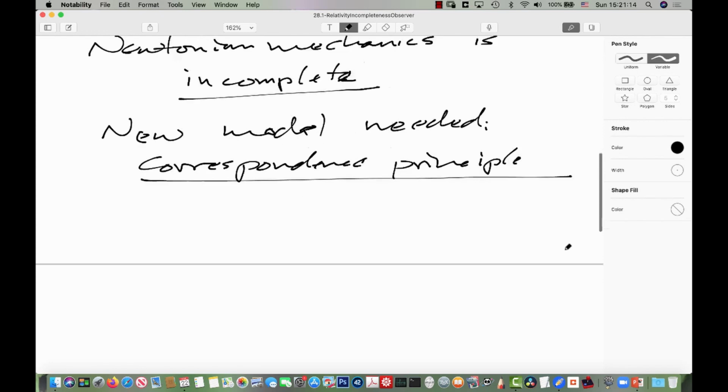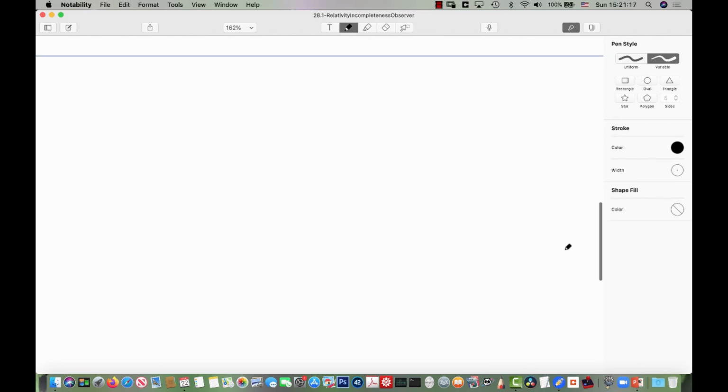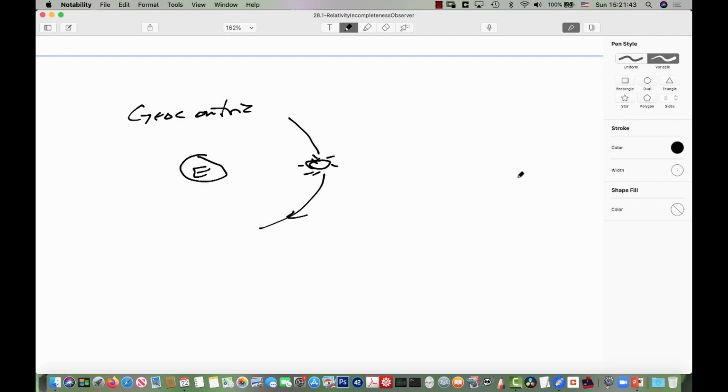Probably the best example I can think of this is the transition from the geocentric to the heliocentric model of the solar system. So in the geocentric model, you would have the Earth in the middle, and then somewhere out over here was the sun orbiting around it, like so.